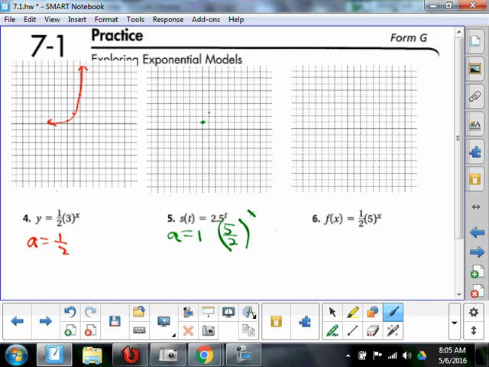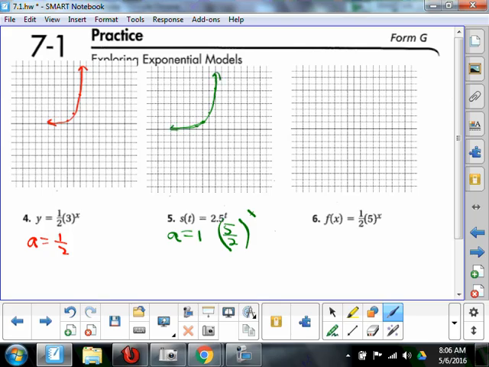If I make that 5 halves, if I square that, that's going to be 25 fourths. That's 6.25 for 2. 1, 2, 3, 4, 5, 6.25. If I plug in a -1, I'm going to get 2/5, which is 0.4. We saw that earlier. So this one, again, is going to be an exponential growth function. It's going to look something like that. And there it is.